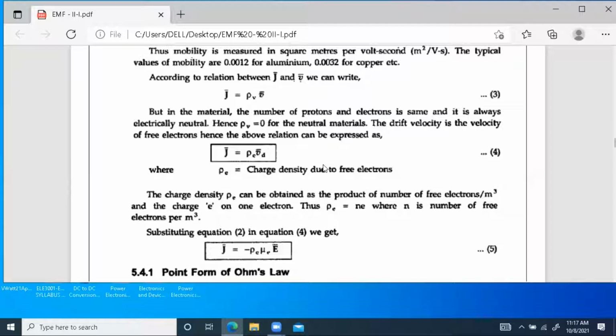According to the relationship, J and the velocity, we can write J equals rho times the velocity. Because if you look at it now, what's J again? J is the current density, right?